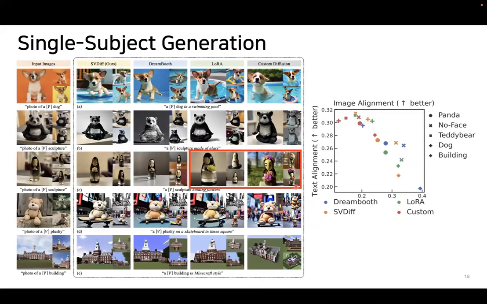And they also introduce the quantitative results. Look at the right figure. The y-axis is text alignment, and the x-axis is image alignment. But I think this figure is hard to read because the color means the wallpaper, and the shape of the identifier means some class.